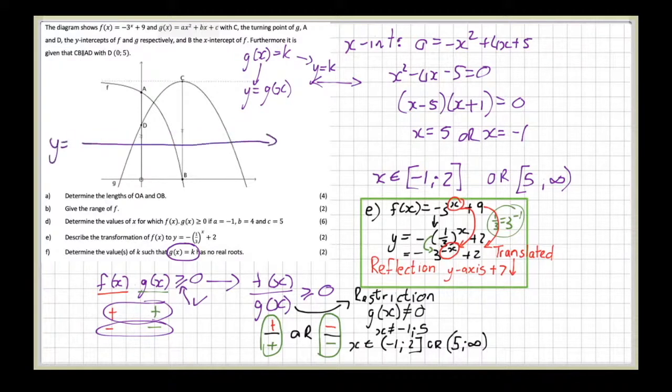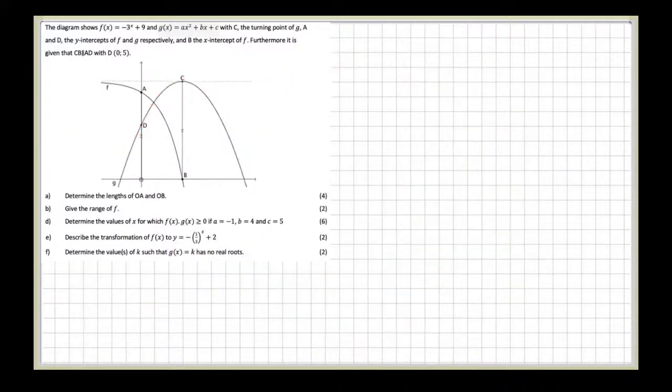So they are asking me, where is g of x, my parabola, let me do it in red, equal to y equal to k, but they're asking for no real roots. In other words, no intersections.